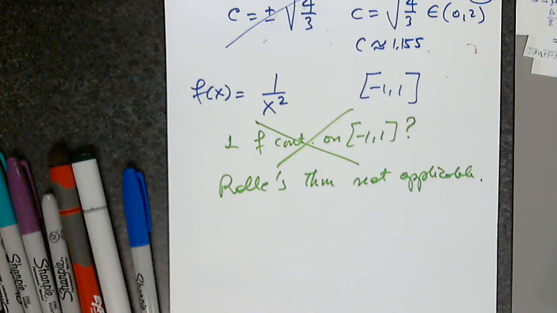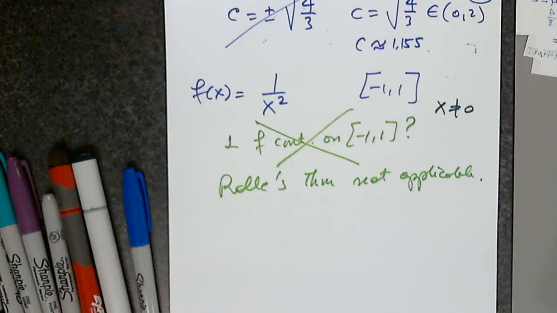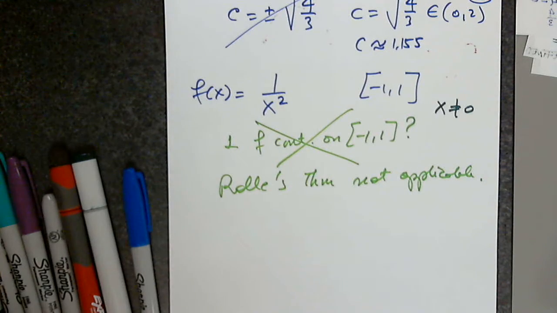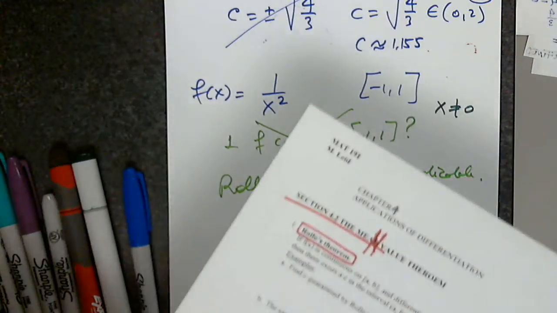It's undefined at 0. X cannot be 0. Okay? Any questions?